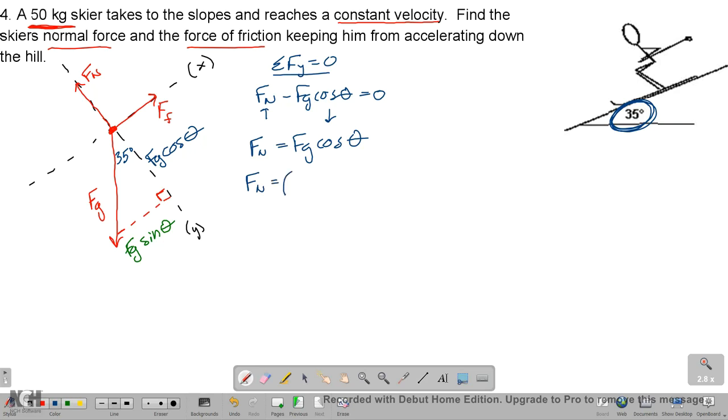Normal force is equal to, the mass of the skier is 50 kilograms, so that means that the weight is 500 newtons times cosine of 35 degrees. You find that the normal force is equal to 409.58 newtons.